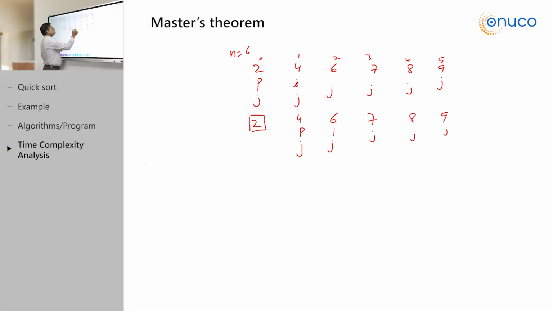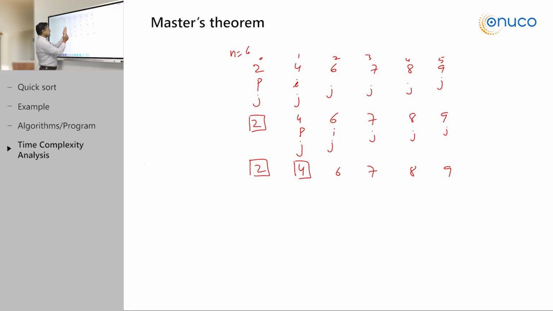See here, I is at position 2 and J is at 1. If the I position is greater than J, in that case swapping will happen between the pivot element and the J element. Hence, now this 4 got separated. The remaining 6, 7, 8, 9 are part of the right array and we need to perform the task on them.